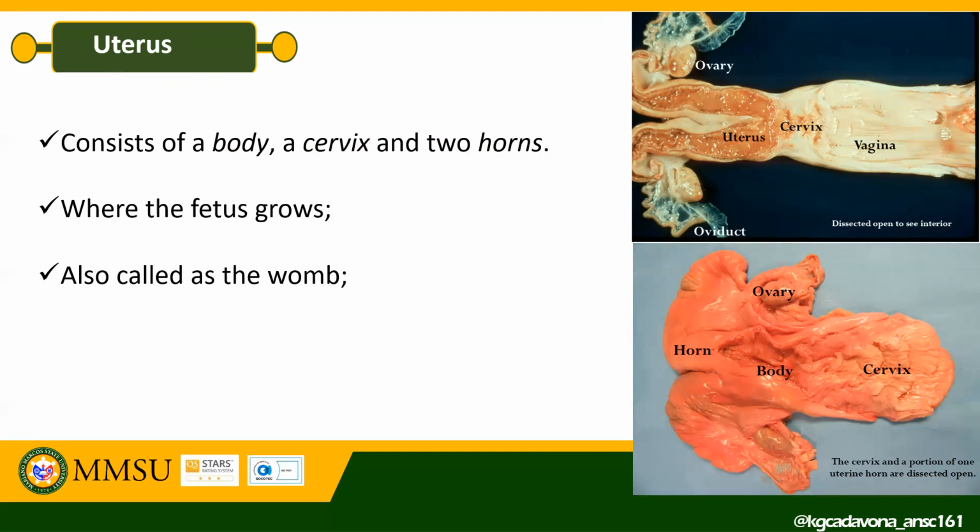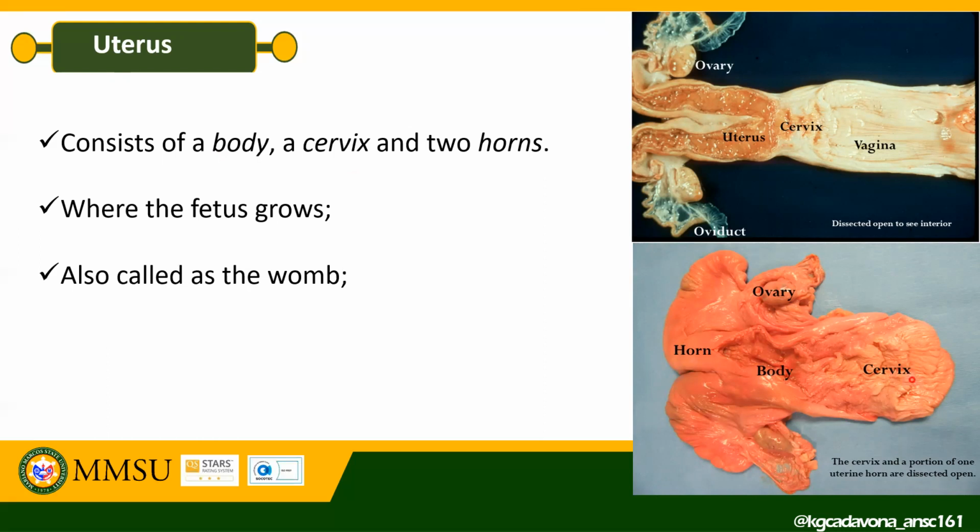The uterine body is always the target location for semen deposition during artificial insemination. While for the uterine horns, this is where the fertilized eggs attached to the uterine walls develop.